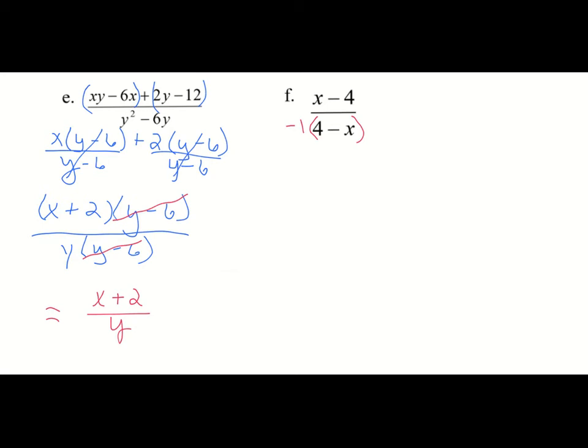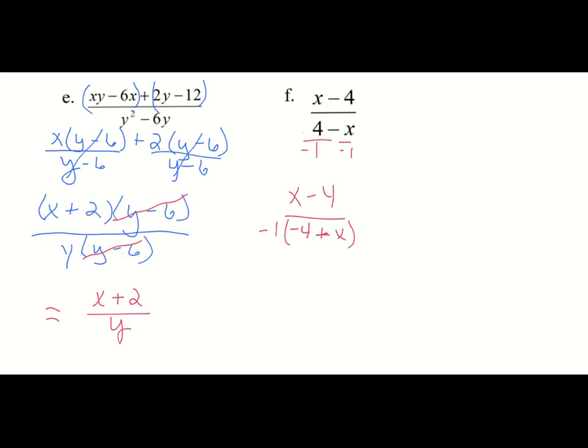If I pull out a negative 1, I'm going to keep my x minus 4 on the top. And then on the bottom, I'm going to have negative 1 times negative 4 plus x.